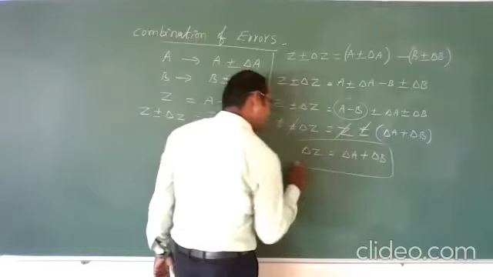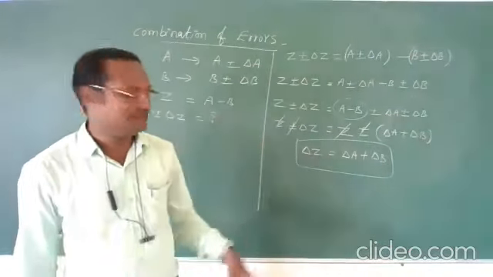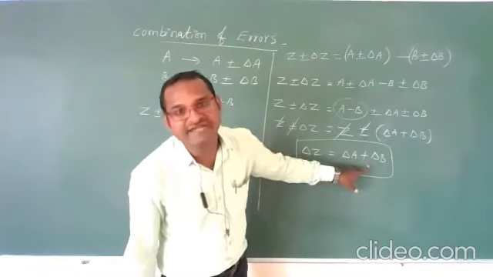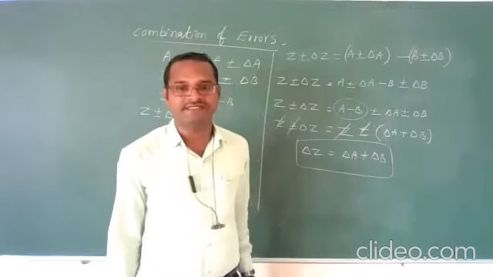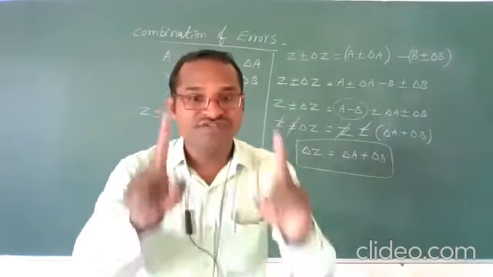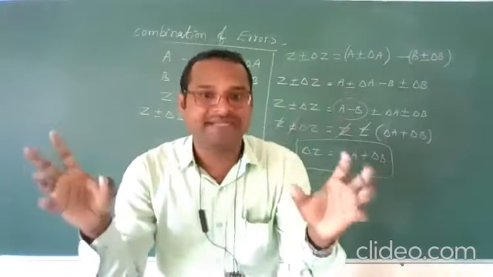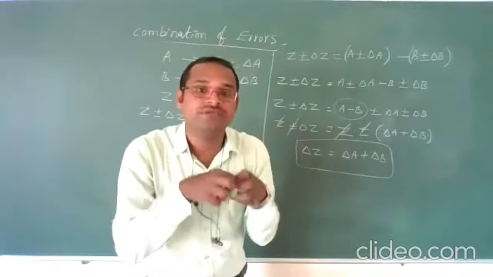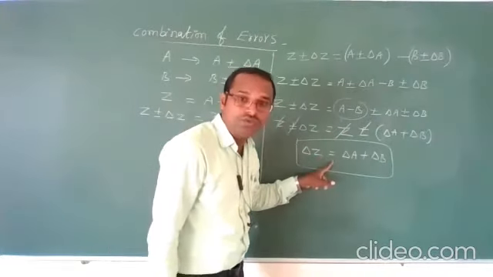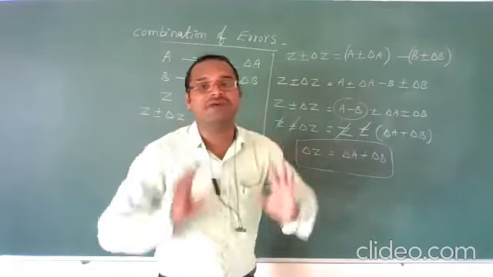That means again we have got the result that the absolute error in the result is equal to the sum of the absolute errors in the individual quantities. When two physical quantities having some absolute errors are subtracted, the result will have an absolute error equal to the sum of the absolute errors in the individual quantities.